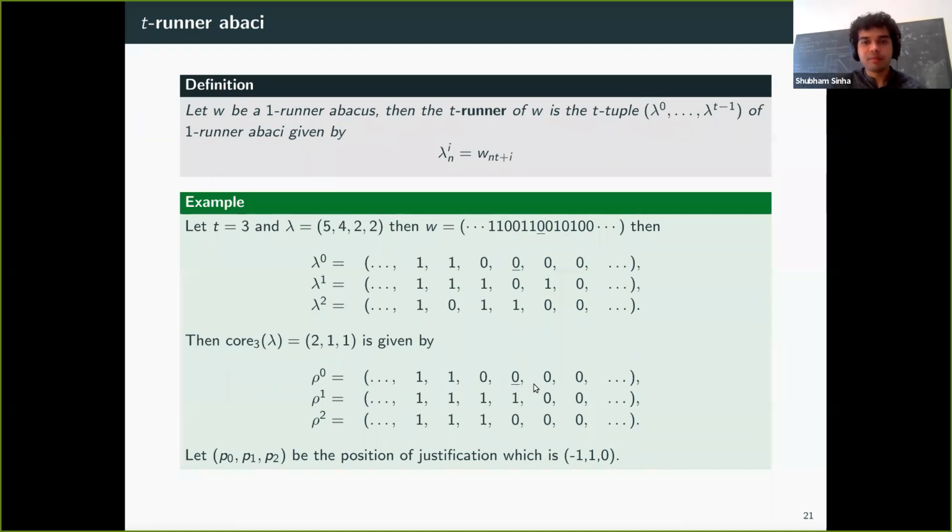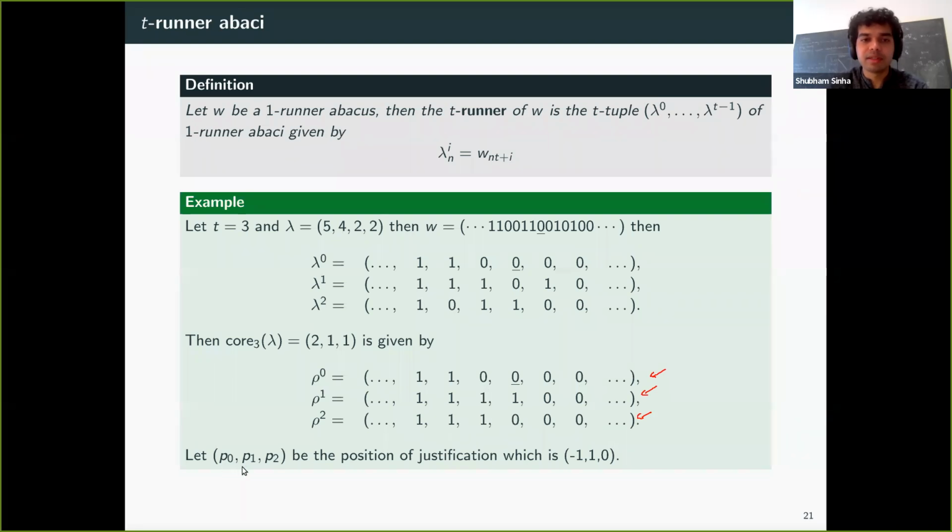And once you have moved all the way, you'll see that those will be precisely justified abaci. In general, a T-core partition is given by a one-runner whose corresponding T-runner is simply T rows of certain justified abaci. But the justified abacus information is given simply by the position of justification.